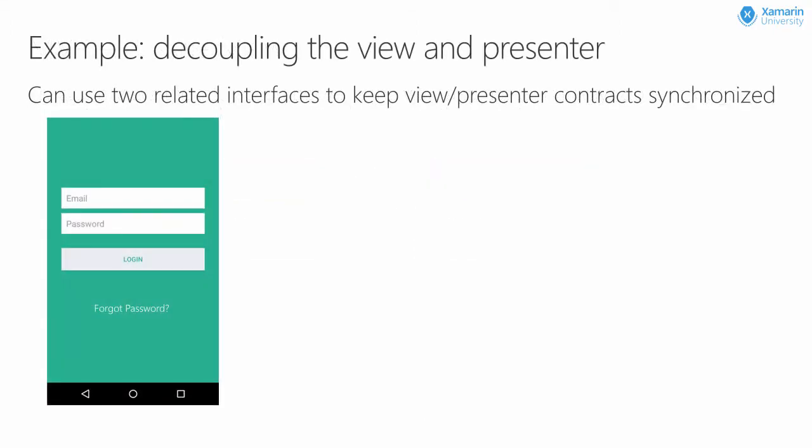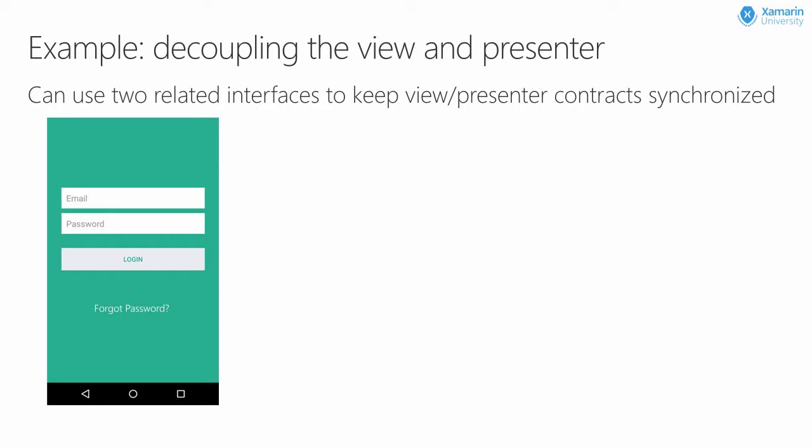So here's an example. Let's say we have an Android application with a login activity. Our view in this case is the activity. It creates and sets up the view for the app. Our presenter is a separate class where we will do the logic that's required for this page.